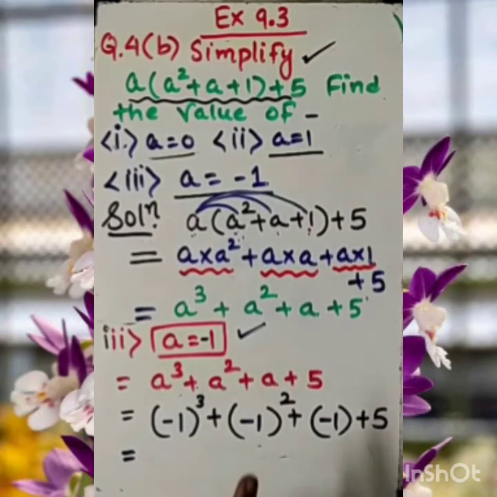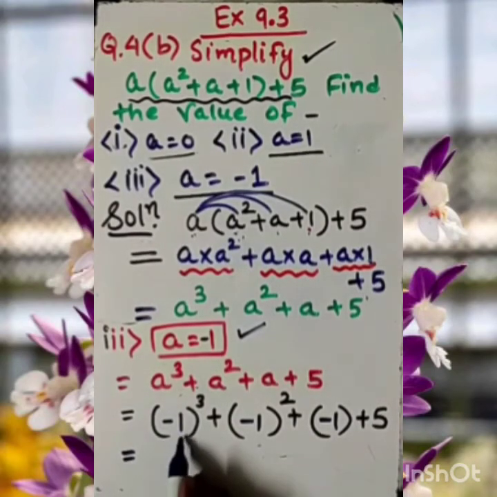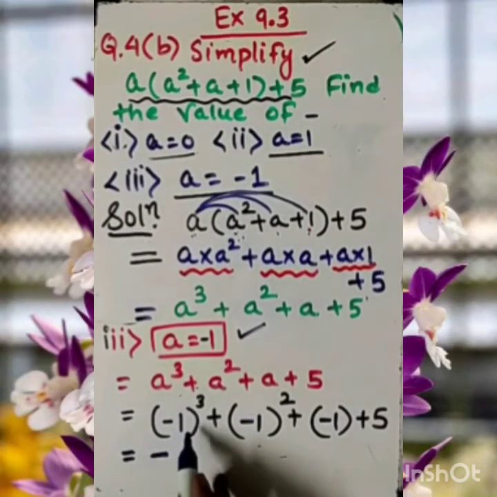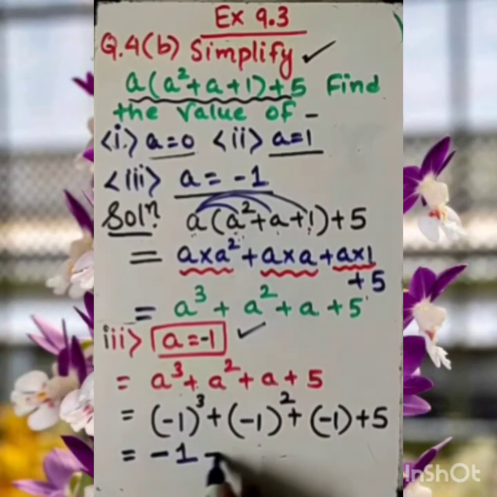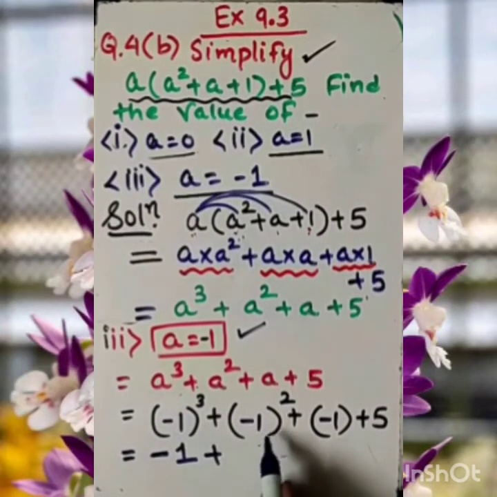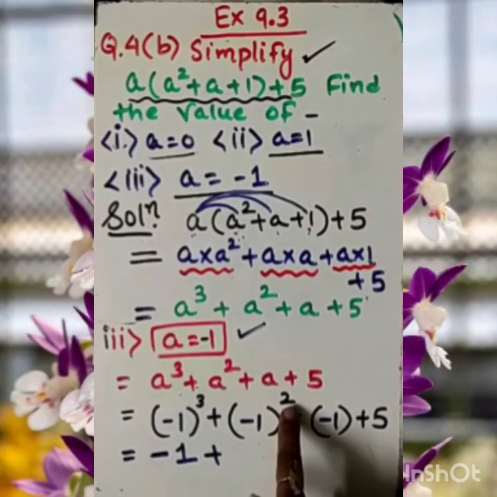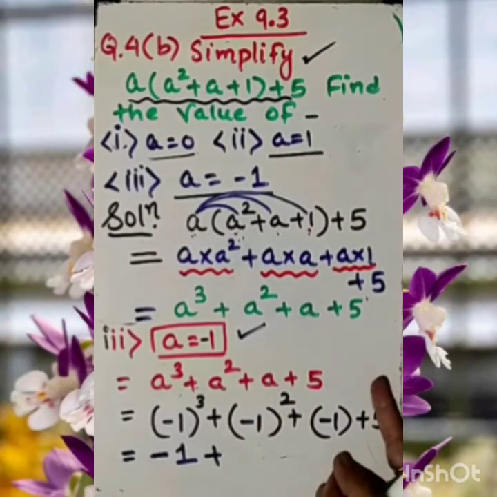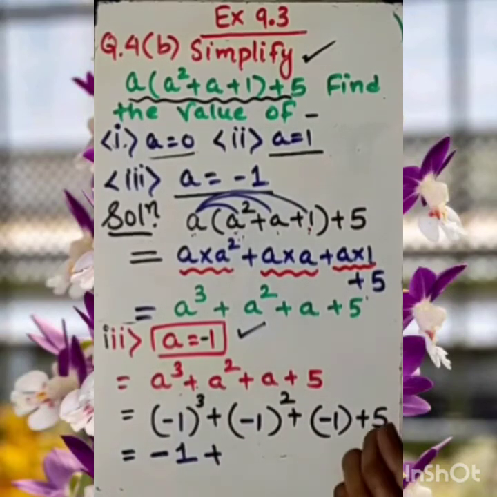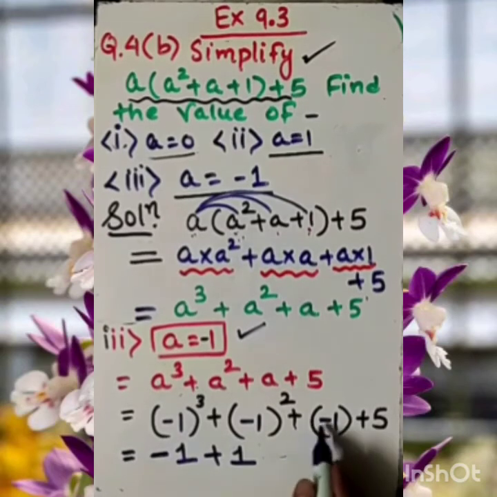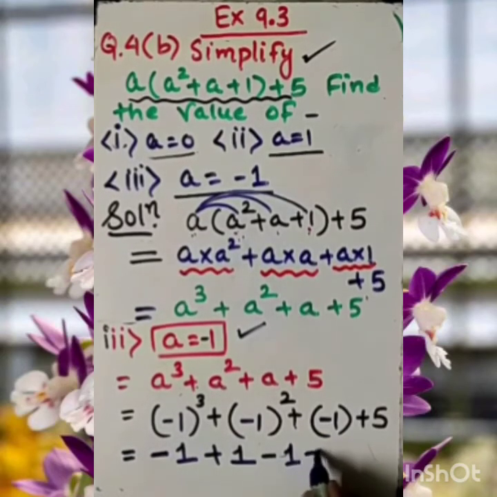In class 7, in the first chapter on integers, we learned that the product of three negative integers is negative, and 1 into 1 into 1 is 1. Minus 1 square is minus 1 into minus 1, and the product of two negative integers gives a positive result. And of course plus, minus, minus, and this is 5.